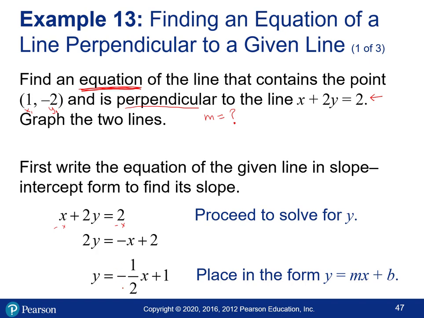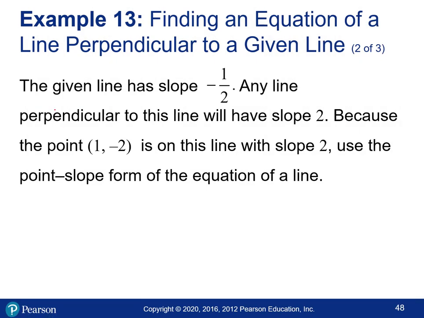Even though the slope is -1/2, we're not looking for a parallel line. We need to flip that and put a negative sign on it. So because the given slope was -1/2, the perpendicular slope we want is the negative reciprocal of that.